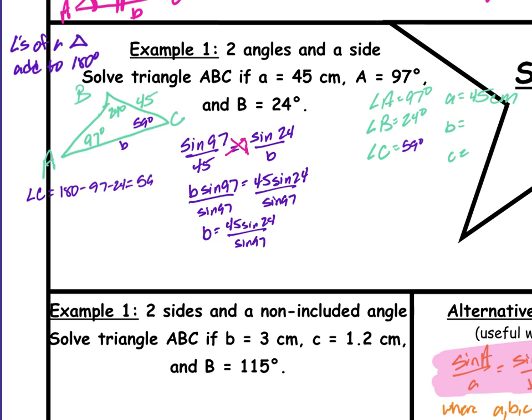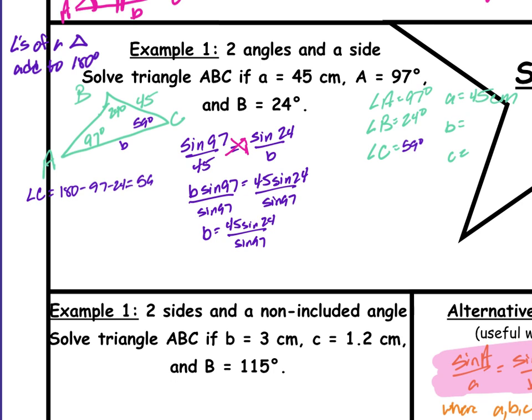Now remember, if you're going to use Desmos, I need to make sure that it's in degrees. So I go up to the little wrench and change it to degrees, because Desmos has radians as its default.